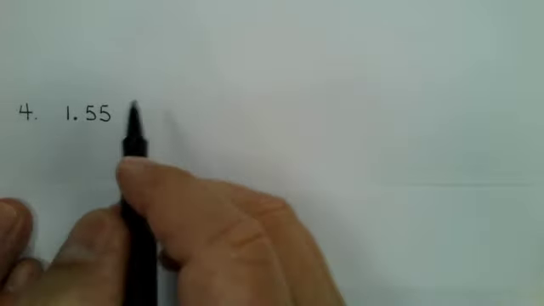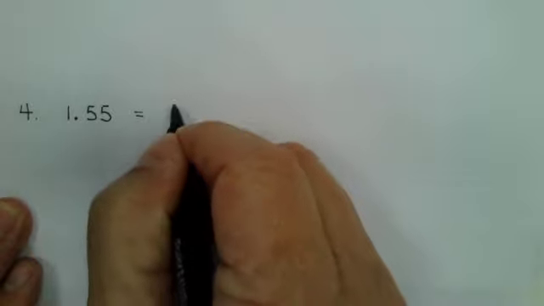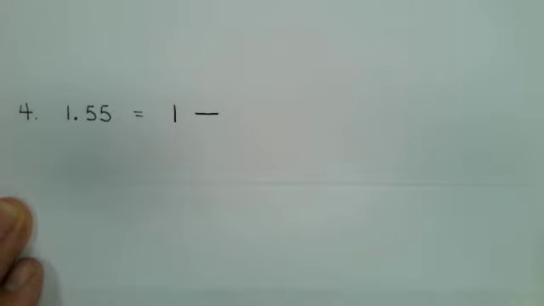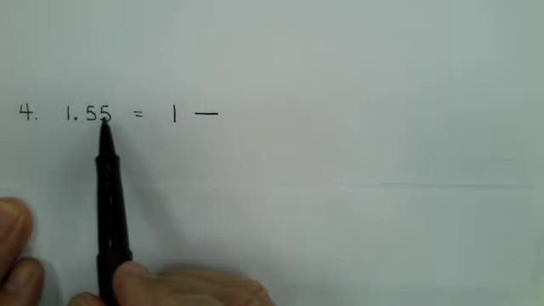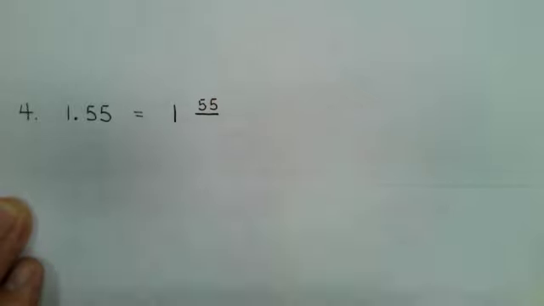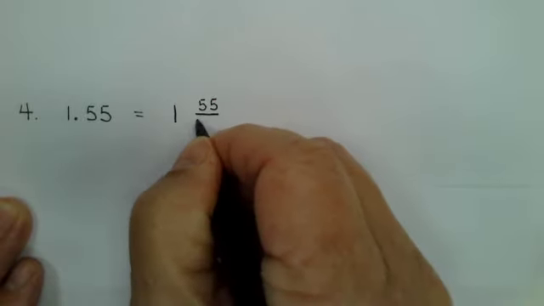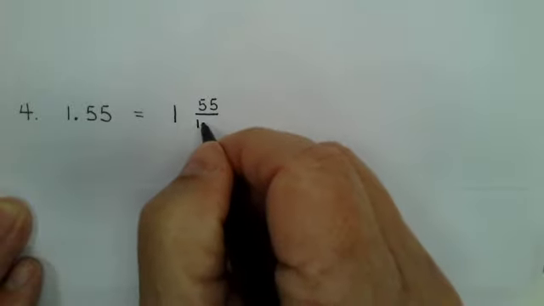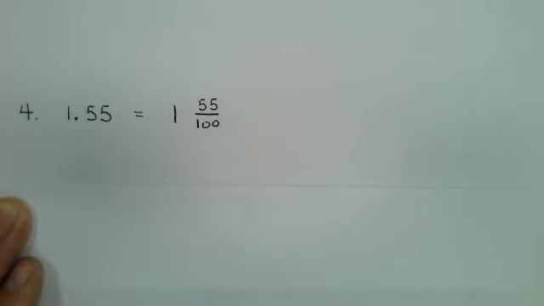In this example, I'm going to get a mixed number because this is 1.55. So the 1 goes in the front and the decimal is my fraction part. I take the number after the decimal point, put it in the top, I put a 1 in the bottom, and I count how many numbers there are after the decimal point. That's how many zeros. 2 zeros.